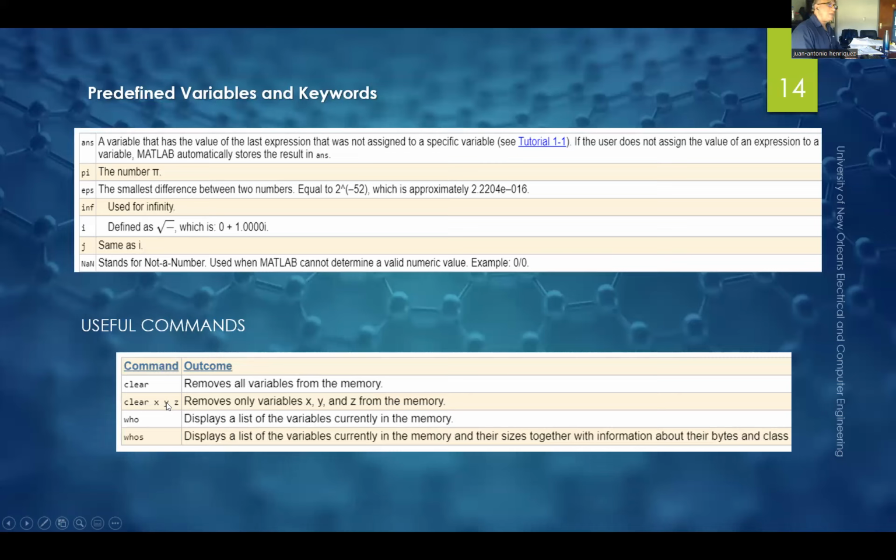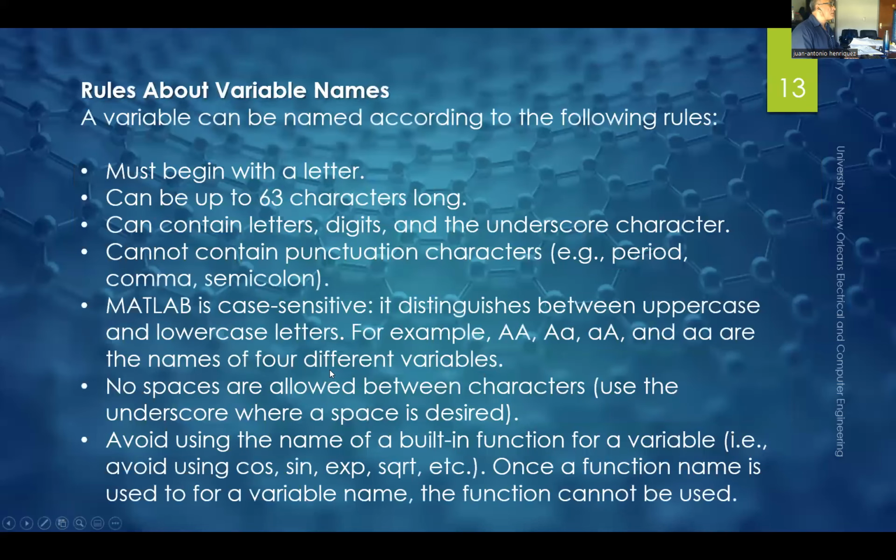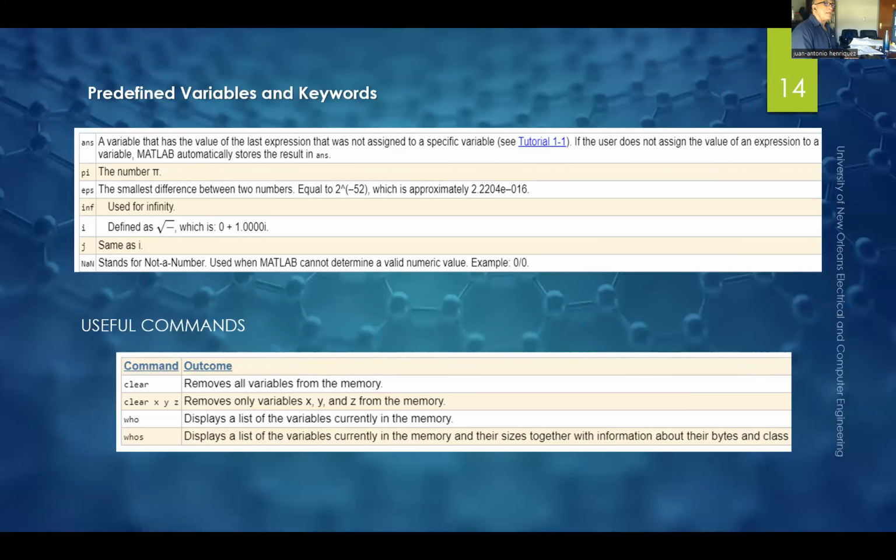So if you have 20 variables other than XYZ, this command will keep the other variables, but will remove XYZ out of the list. Who displays the list of variables that you have in memory, and whos gives you the size of the variables you have in memory. Okay. So let's try some of that.